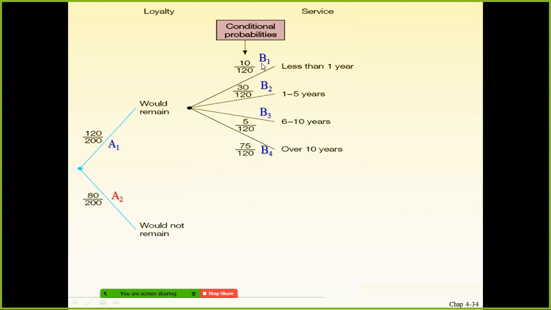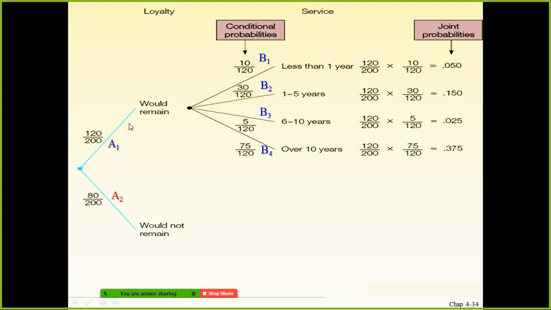So the probability of B1 given A1 comes first. Probability of B2 given A1 comes first. Probability of B3 under the condition, or given, that A1 comes first. Probability of B4 given that A1 comes first.